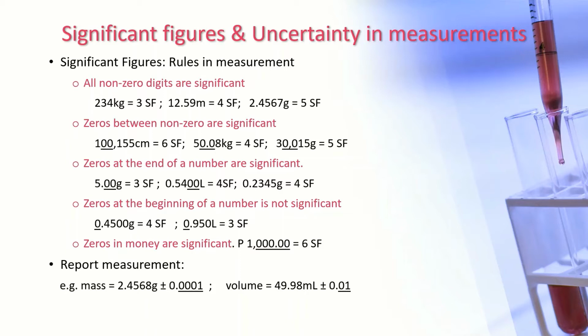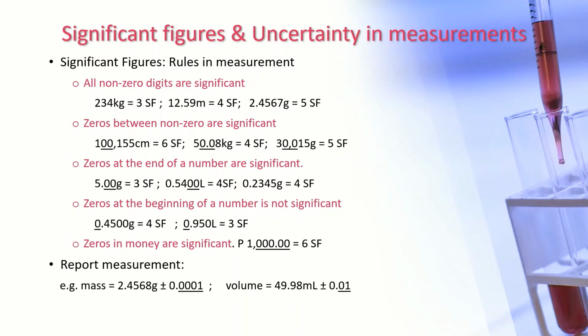In reporting measurements, you have to consider uncertainty in measurements. So in measuring mass, for example, you have 4 significant figures right after the decimal place. You have to consider uncertainty in measurement.